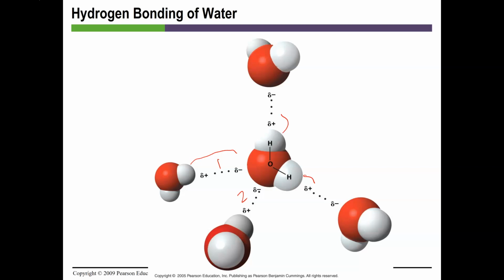If you said ice, you're correct. In ice, this is the orientation of the hydrogen bonds. In liquid water, there might be some water molecules that are doing this for some split second, but there's a lot of jostling around and kinetic energy causing the hydrogen bonds to form and break.